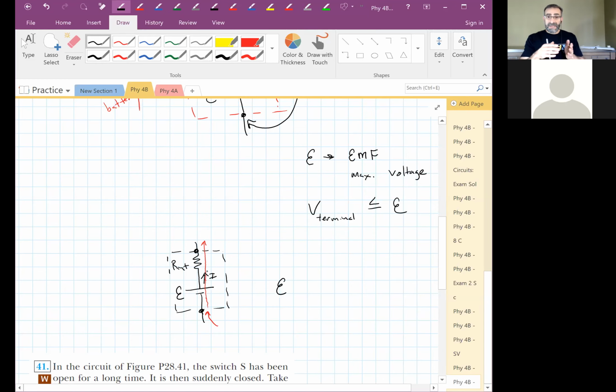So we're dropping by the voltage across the resistor, IR. And then we come out the other side. So this is the terminal voltage. We go in at one terminal, we go through the EMF of the battery. That's our voltage rise. We go through the resistor in the same direction as the current. So we are dropping by IR, and then we're at the other terminal of the battery.